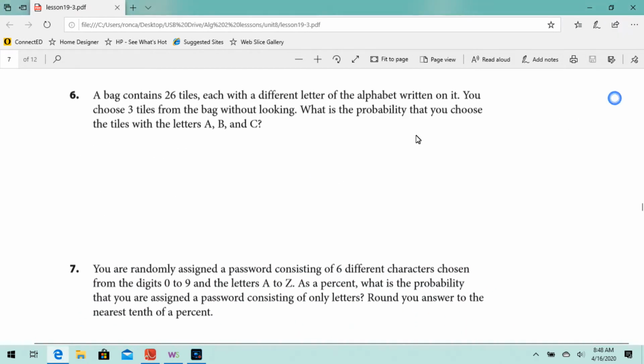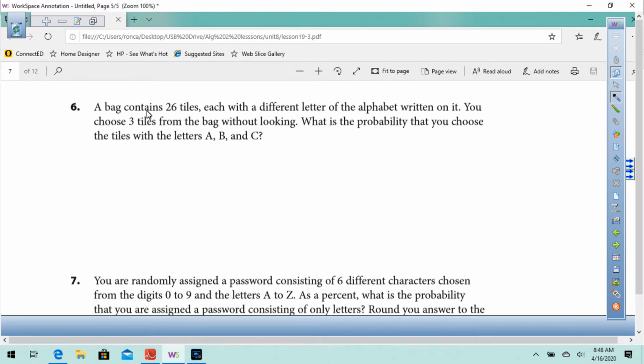Number 6. A bag contains 26 tiles, each with a different letter of the alphabet written on it. You choose 3 tiles from the bag without looking. What is the probability that you choose the tiles with the letters A, B, and C? How many ways? There's only one, okay?